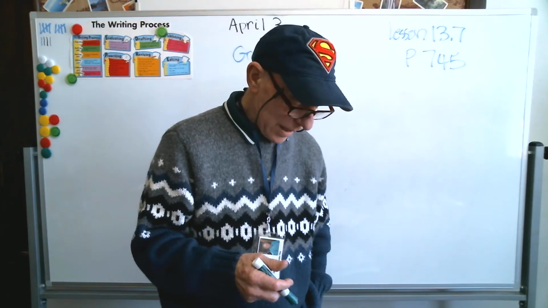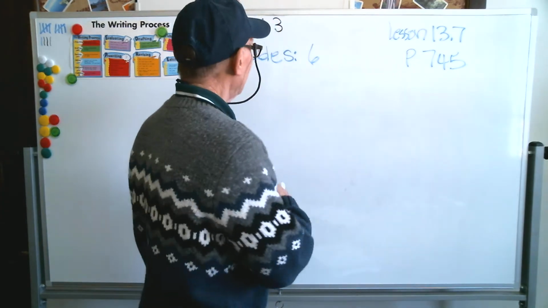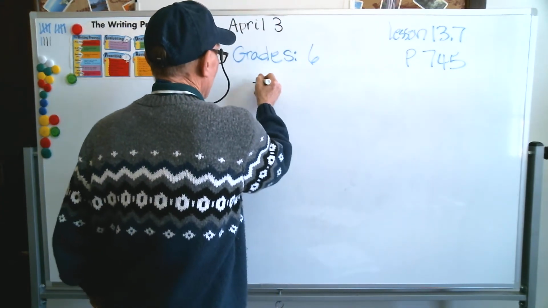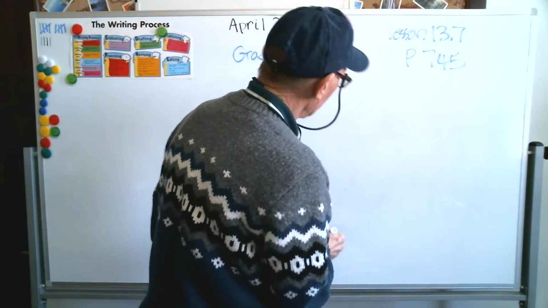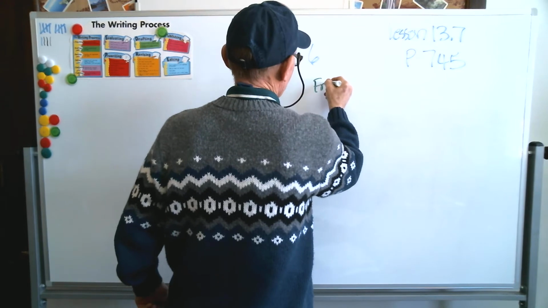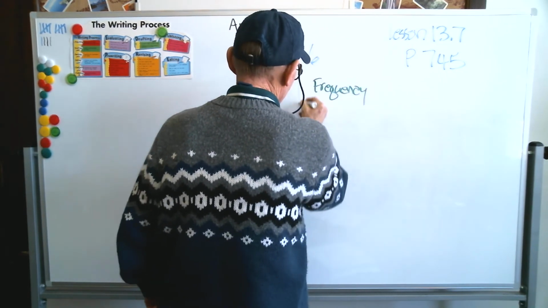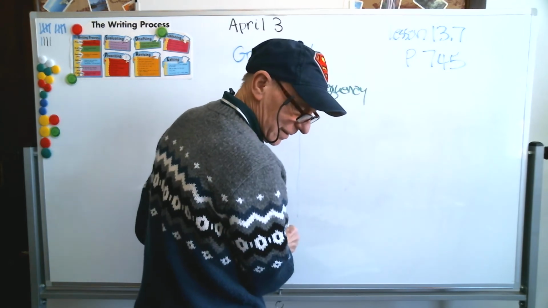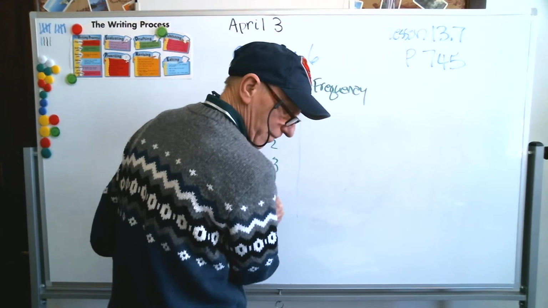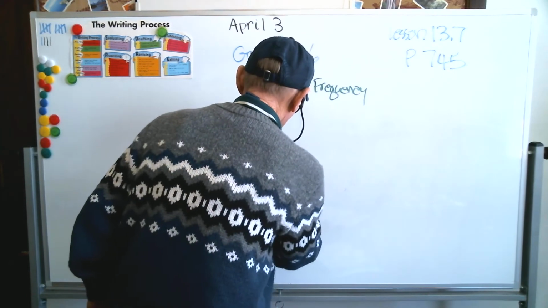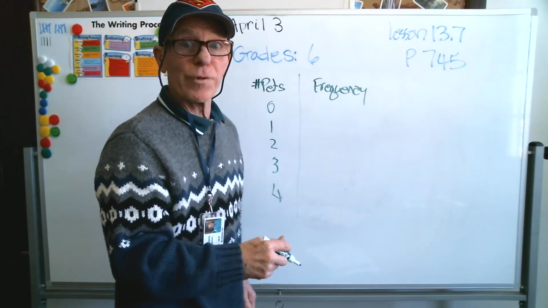So look in your book on page 745, you see a pet survey, and then you've got number of pets, and then it's followed by the frequency. And then it goes from 0 to 1, 2, 3, and 4. Hopefully, they don't have more than 4 pets.